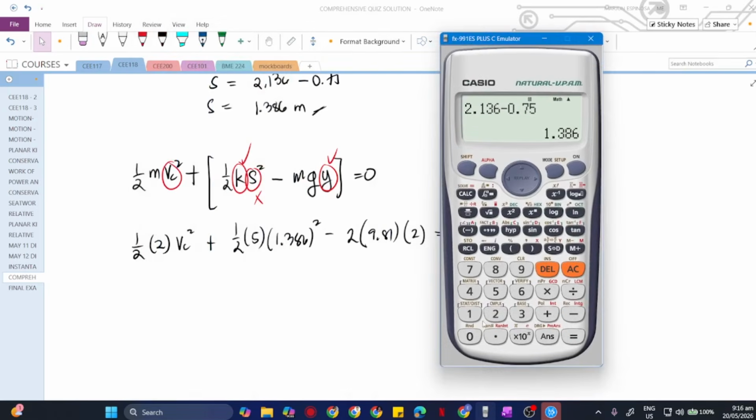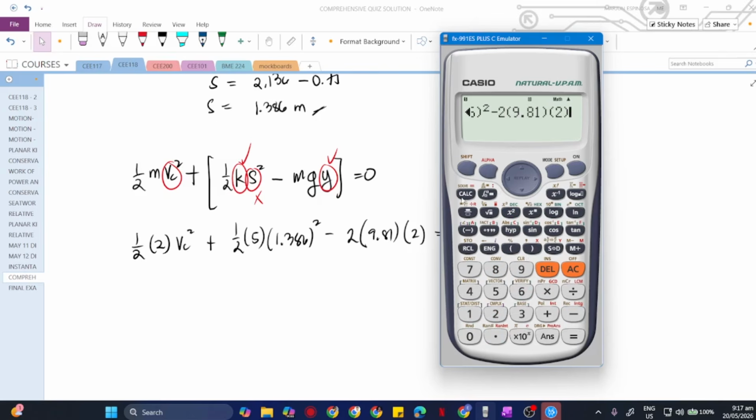Okay, sige. That is 1/2 times 2, which is equivalent to 1 lang yan. So x squared na lang lagay natin. Plus 1/2 times 5 times 1.386 square minus 2 tapos 9.81 tapos 2.